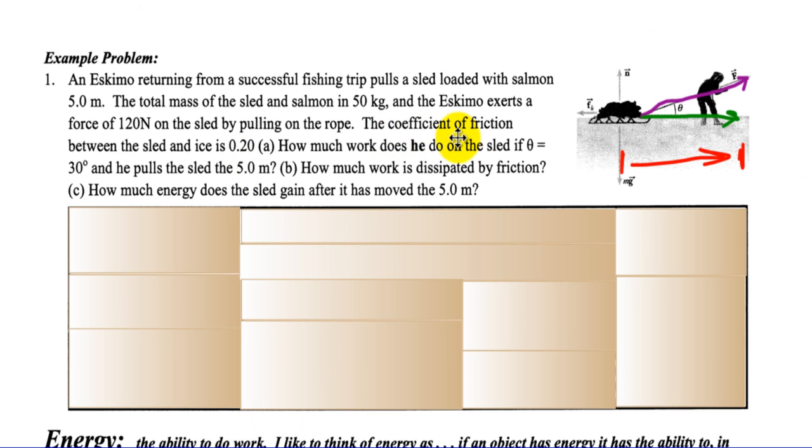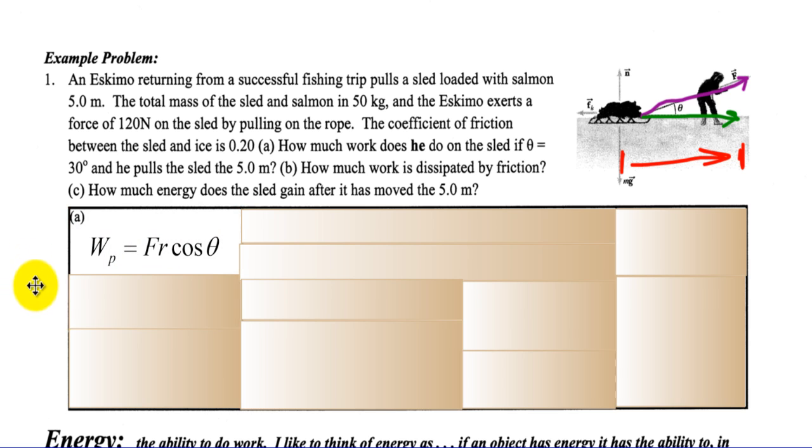It says the coefficient of friction between the sled and the ice is 0.2. How much work does he do on the sled if theta is 30 degrees and he pulls the sled 5 meters? If I want to know the work that he does, I'm only going to use the force that he's applying, which is this green force.